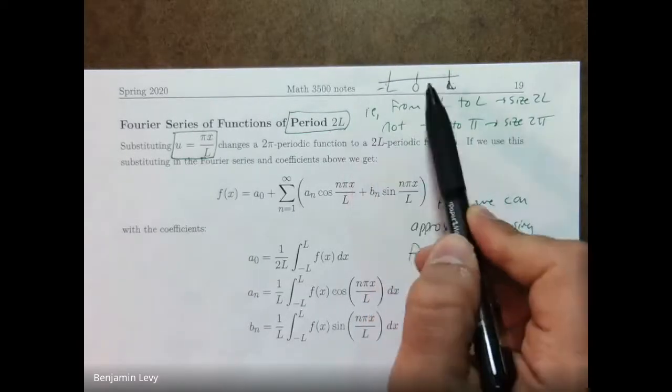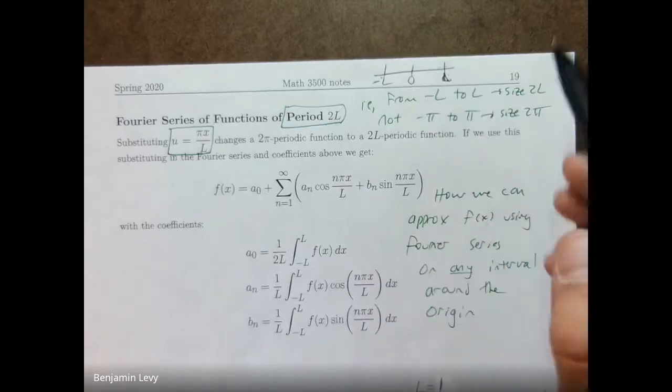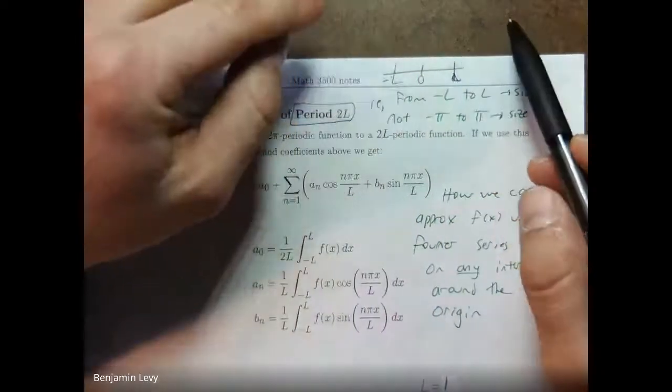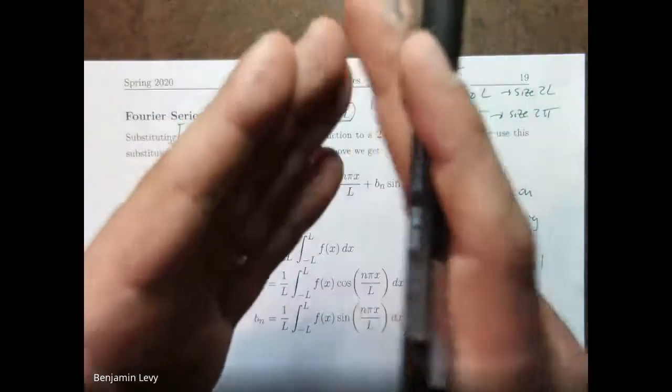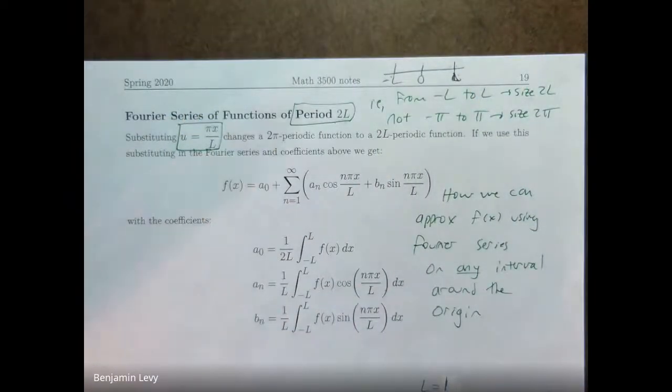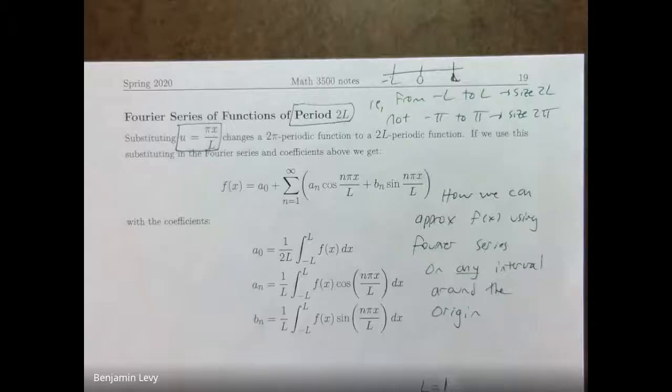But the L itself is only half of that, right? When you do plus or minus L, you're going L on either side of the origin. Okay, so you're not looking at the whole thing, you're just looking at the one L. Yeah, because you're doing plus or minus that, exactly.